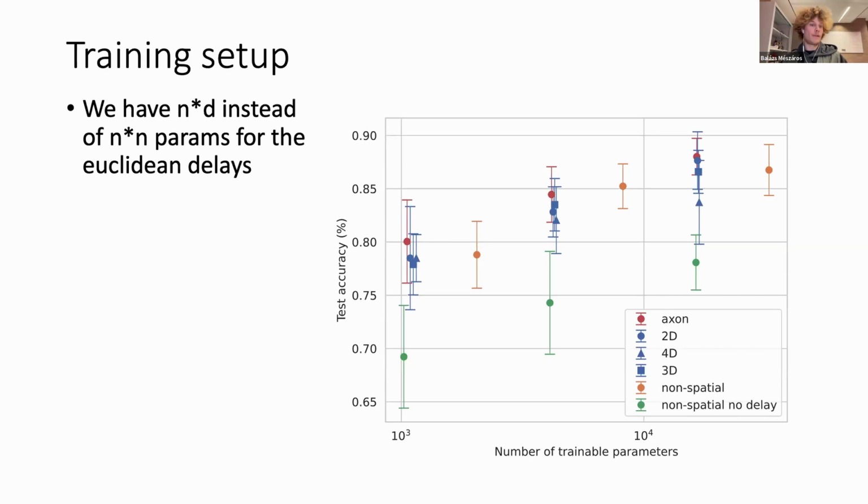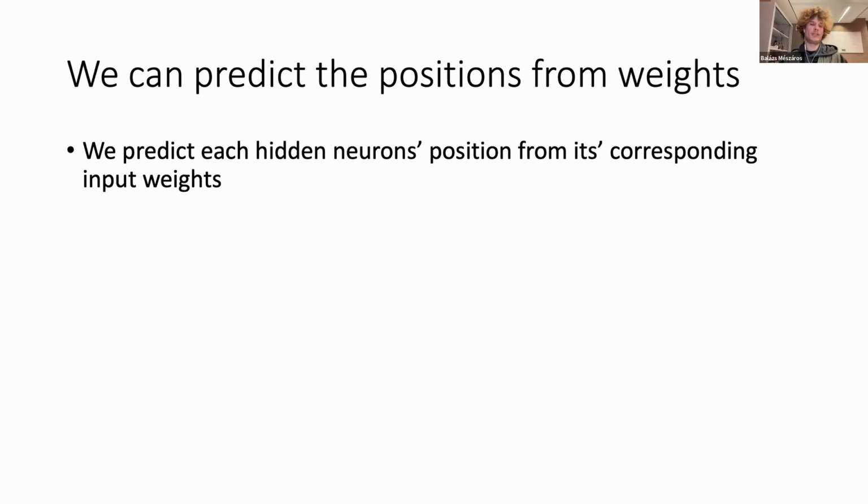So first, we wanted to look at how these hidden neurons connect specifically to the input neurons. The first thing we tried is that we performed a regression where, for each hidden neuron, we tried to predict its position knowing its input connectivity pattern. In Spiking Heidelberg Digits, we have 700 input neurons, which means for each hidden neuron we have a vector containing 700 elements.